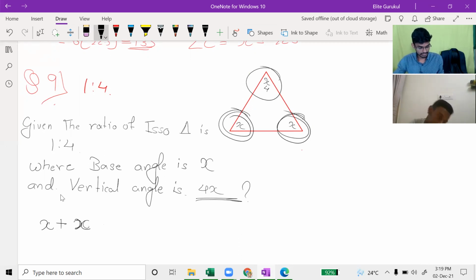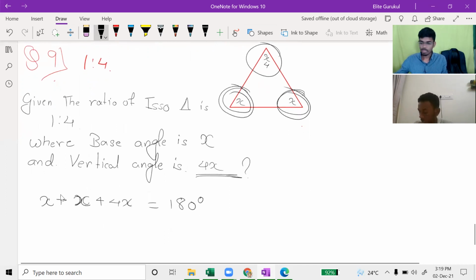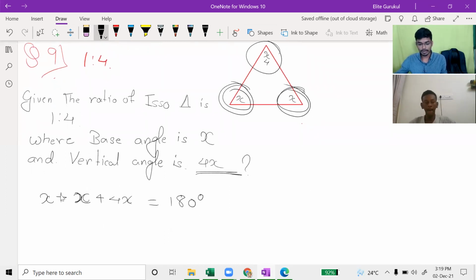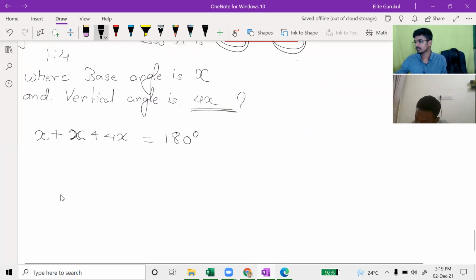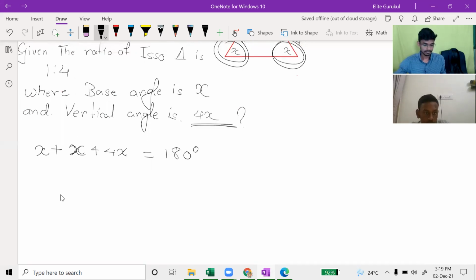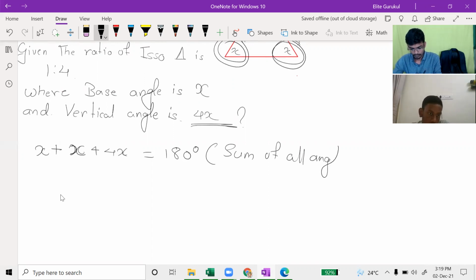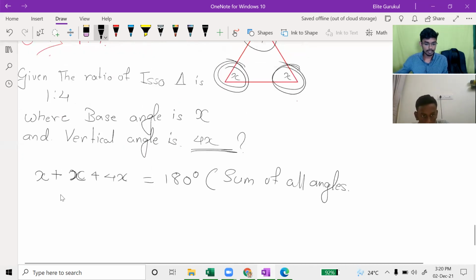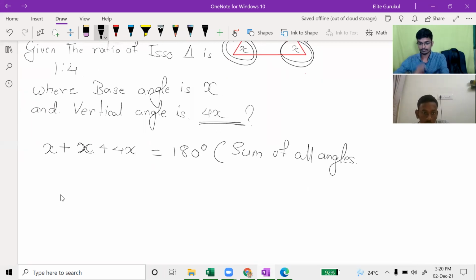Now x plus x plus 4x is equal to how much? 180 degrees. Yes or no? Yes, sir. Now find out the value of x and tell me. Come on, write it down.